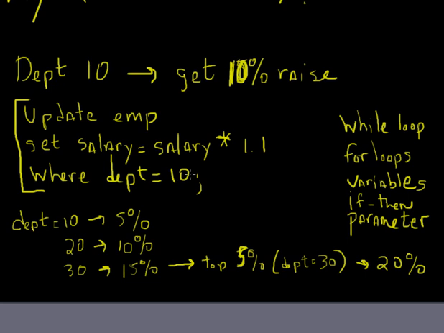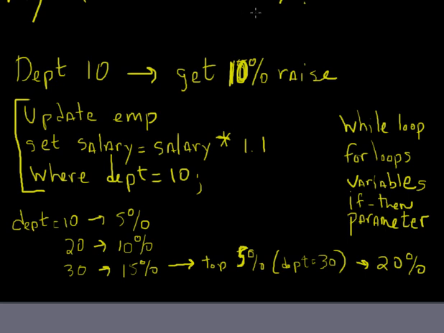I want to have the ability to pass in different values. I could use a bind variable that's part of, let's say, a form or some other application. But if I've stored it inside of a PL SQL block inside my database, I have the ability to define parameters, and then I can call this block of code, passing it different values depending on what I'm trying to do at any particular point in time.